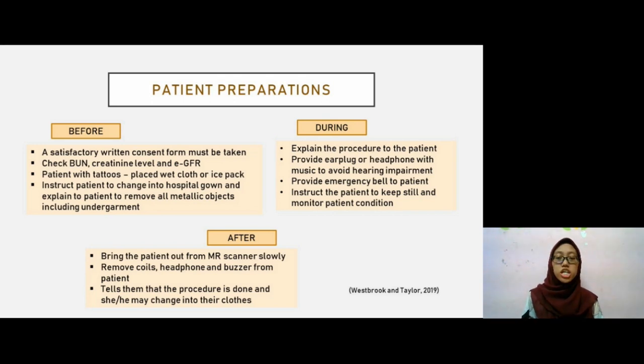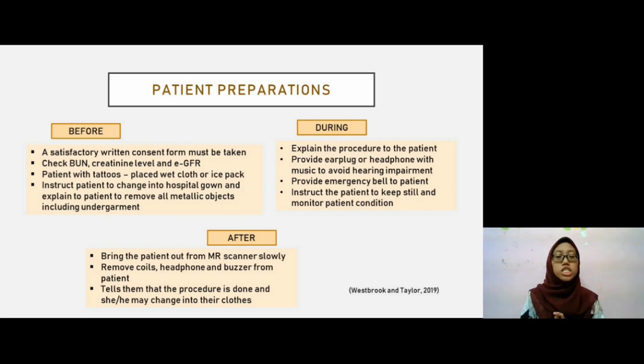For patients with low eGFR below 30, the patient cannot undergo the MRI examination with contrast agent. For patients with tattoos, place a wet cloth or ice pack at that site as thermal insulation and to prevent any burns from the longer examination.